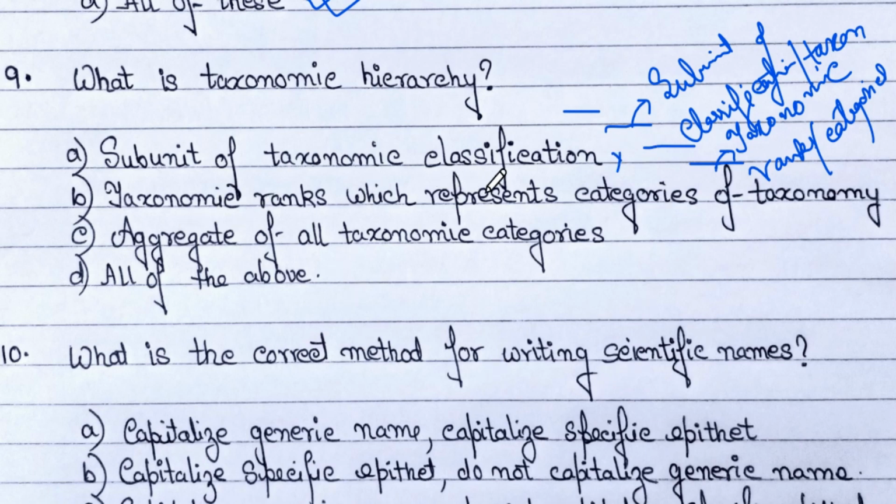Then taxonomic ranks which represents categories of taxonomy. Again, no. Aggregate of all taxonomic categories. Yes, this is the correct option, because I told that all these ranks taken together form the taxonomic hierarchy.